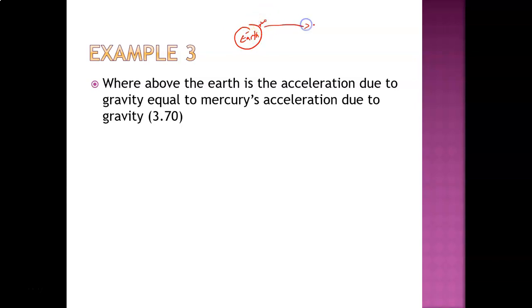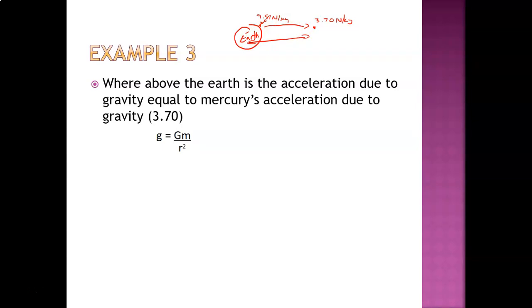The question is, how far do we need to go so that instead of 9.81, it's actually 3.70? The mass of the Earth remains unchanged, but we're changing the distance from that center in order to find out how far away we need to be.